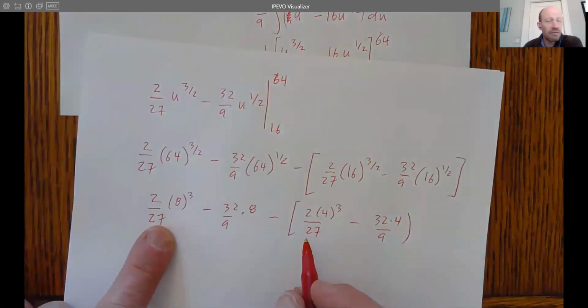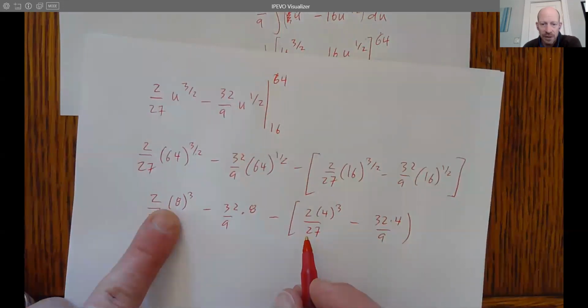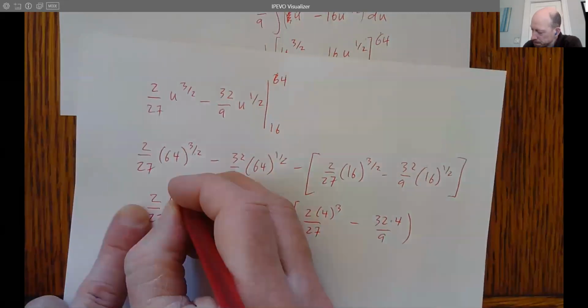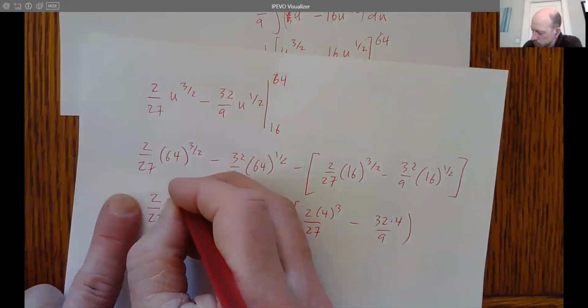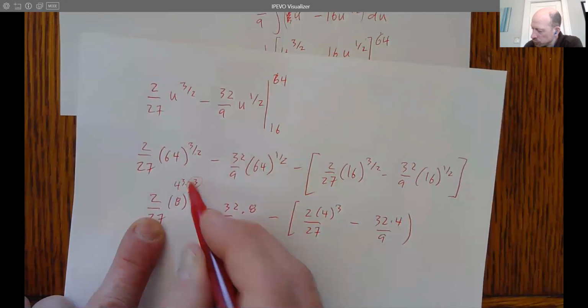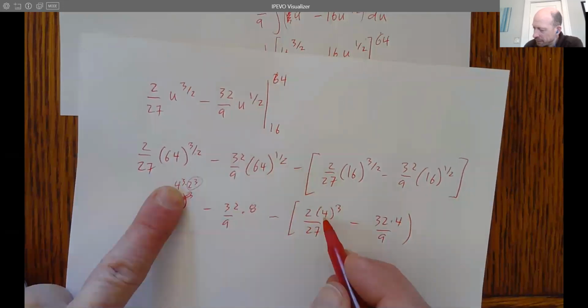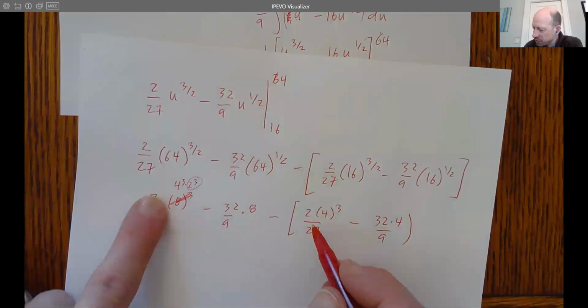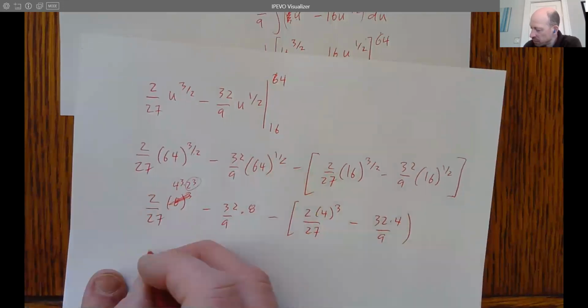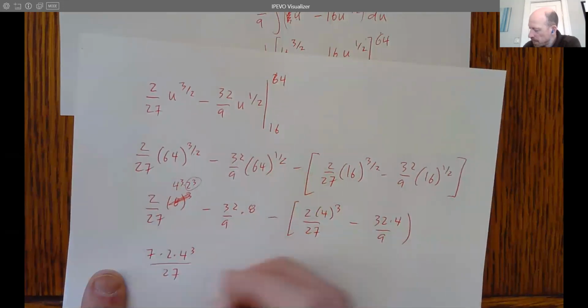So, you know, you could figure this out with a calculator. I can make it look a little better by noticing 8 cubed is really 4 cubed times 2 cubed. So I have 8 of these, 2 4 cubed over 27 minus 1 of those. So I'm going to get 7 times 2 times 4 cubed over 27.